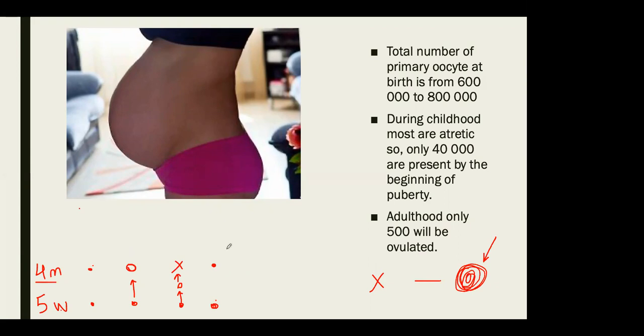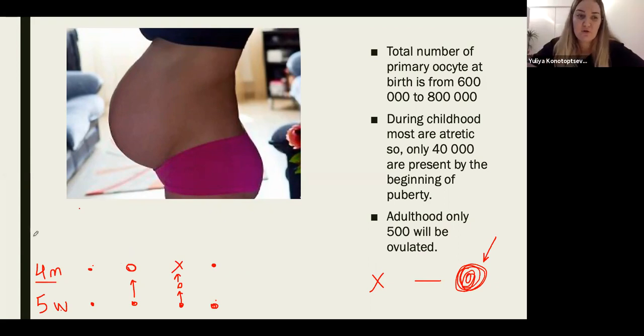Let's look at the same cluster 1 month later. So, a 5 month old embryo. If you were a primary oocyte, you do nothing. You stay as the primary oocyte. If you were the oogonia, you simply become primary oocyte. That's it.